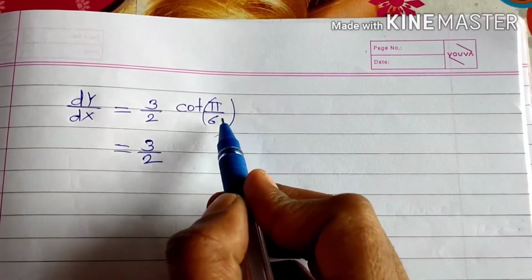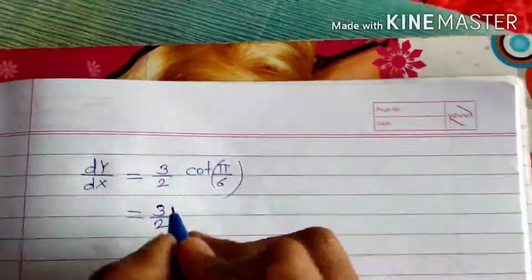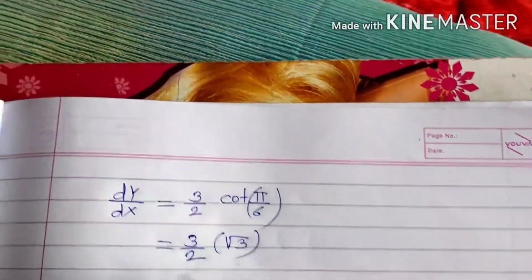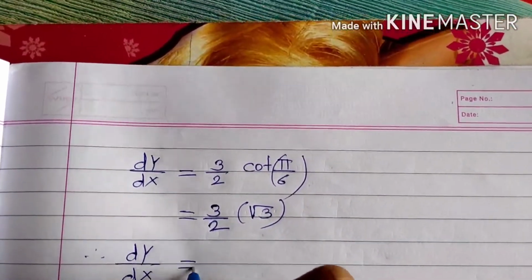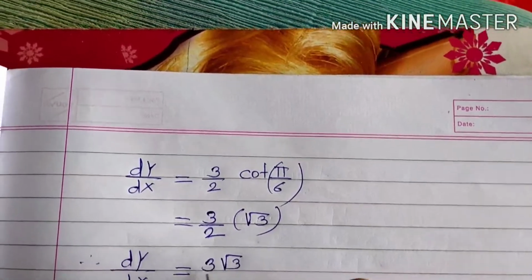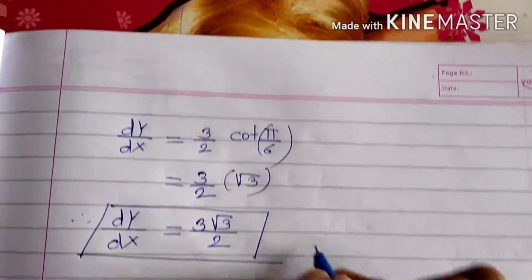The value of cot pi by 6 is root 3. Therefore dy upon dx is equal to 3 root 3 upon 2. So this is your final answer.